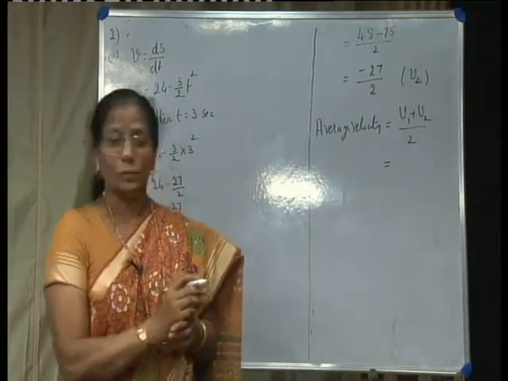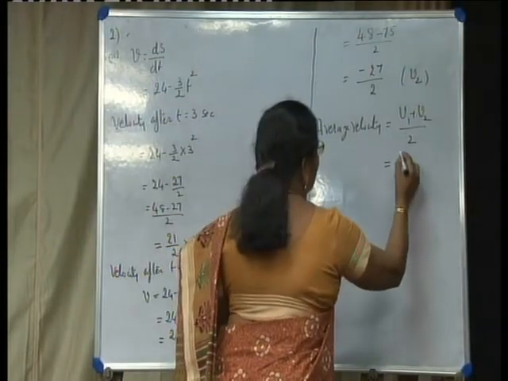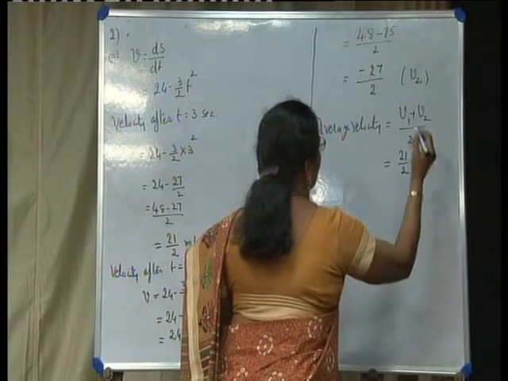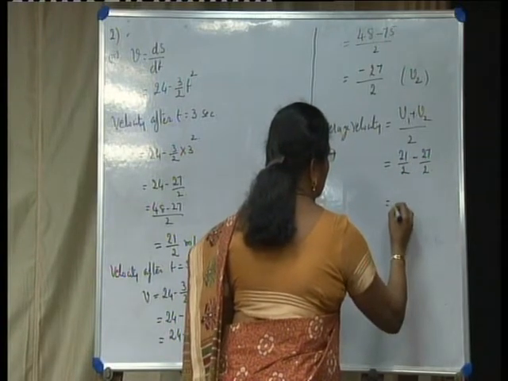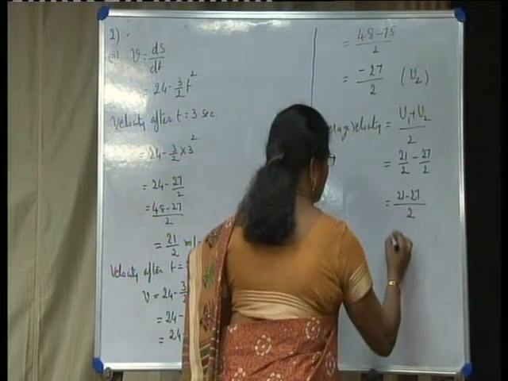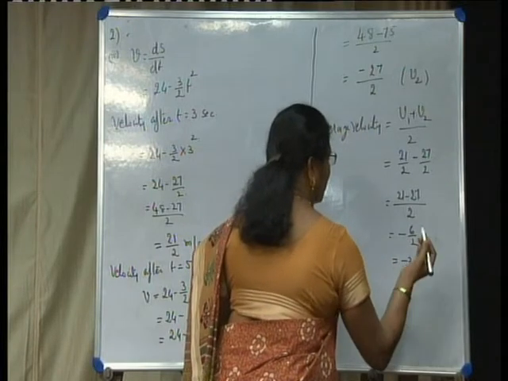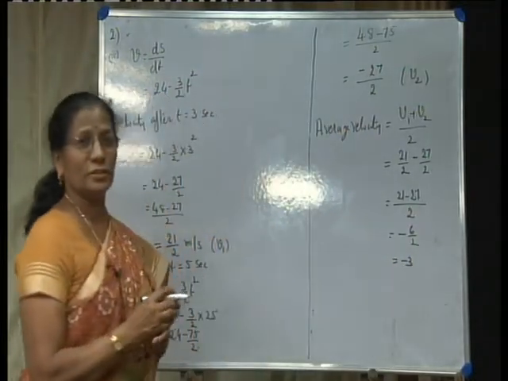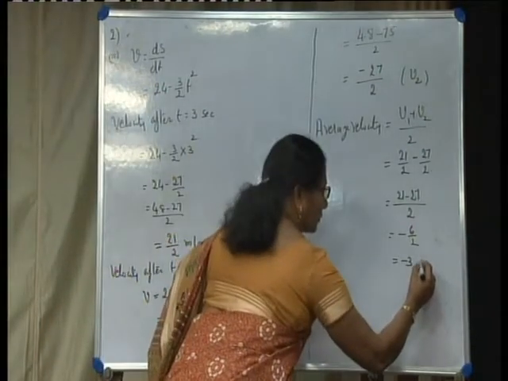This is equal to v1 is 21 by 2 minus 27 by 2. 21 minus 27, minus 6 by 2. So, minus 3. The average velocity is minus 3 meter per second.